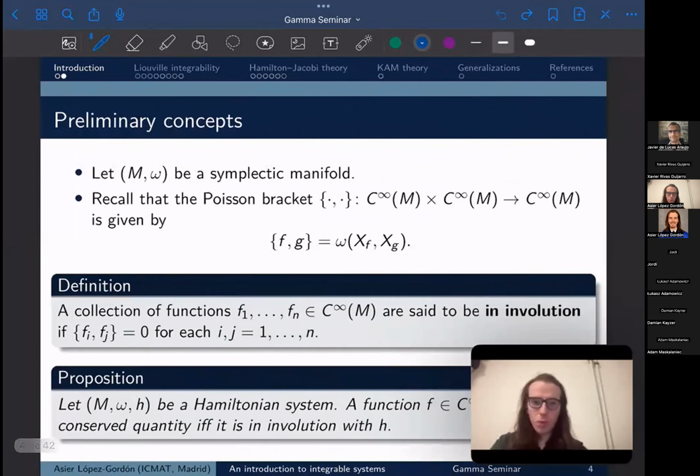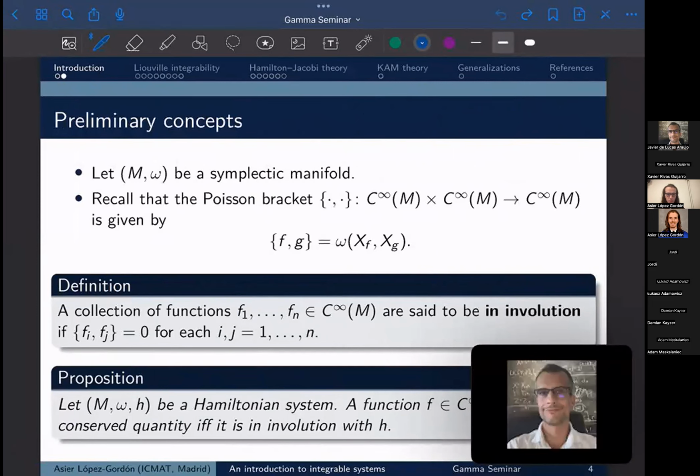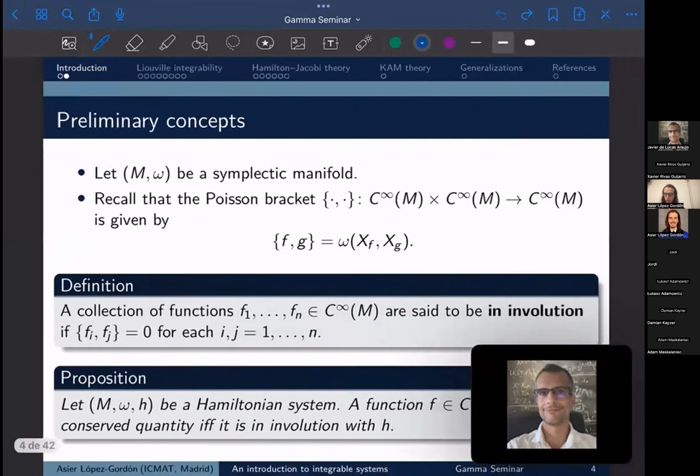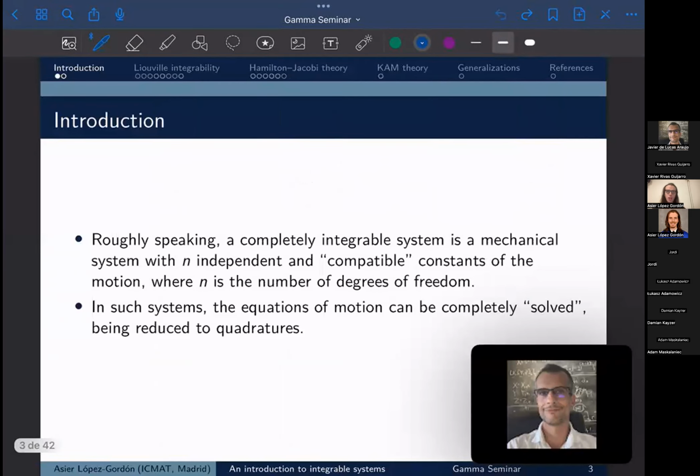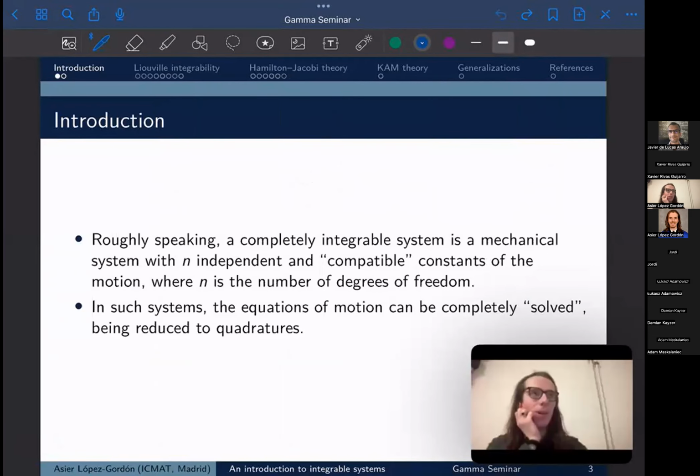Sorry, could you explain what it means that the solution can be reduced to quadratures? Yeah, well, quadrature is essentially an old term, a synonym for integral.